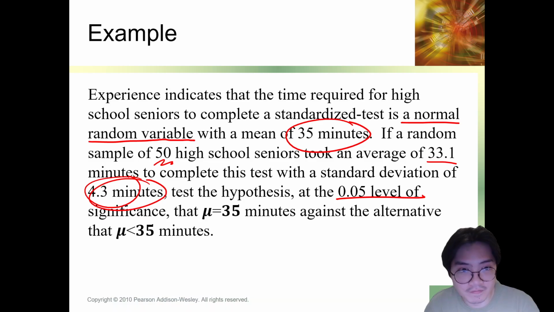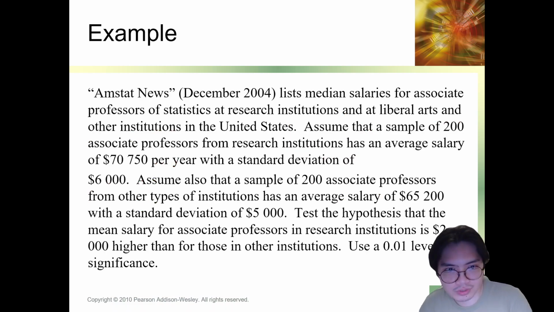Now we will go to number 5. Amstat News in December 2004 lists median salaries for associate professors of statistics at research institutes, at liberal arts, and other institutes in the United States. Assume that a sample of 100 associate professors from the research institute has an average salary of $70,750 per year, with a standard deviation of $6,000.